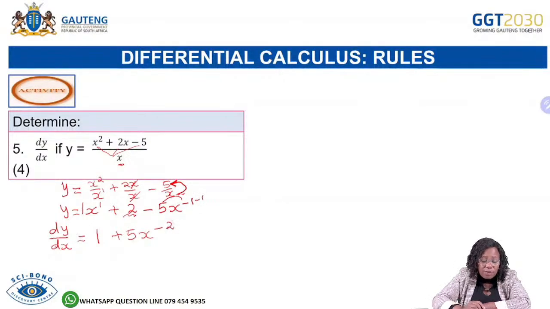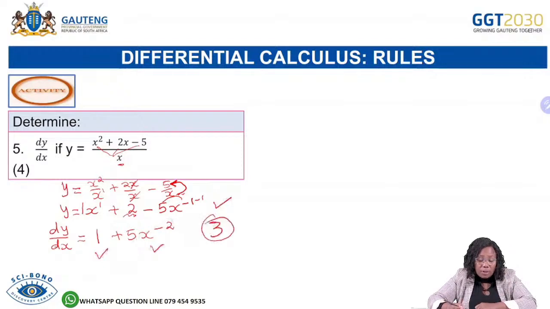Therefore, the derivative of this is 1 plus 5x to the power minus 2. So the first mark will be for writing this as a simplified fraction, and then second mark for the first derivative, and then the second one. Therefore, this will be worth 3 marks, grade 12.